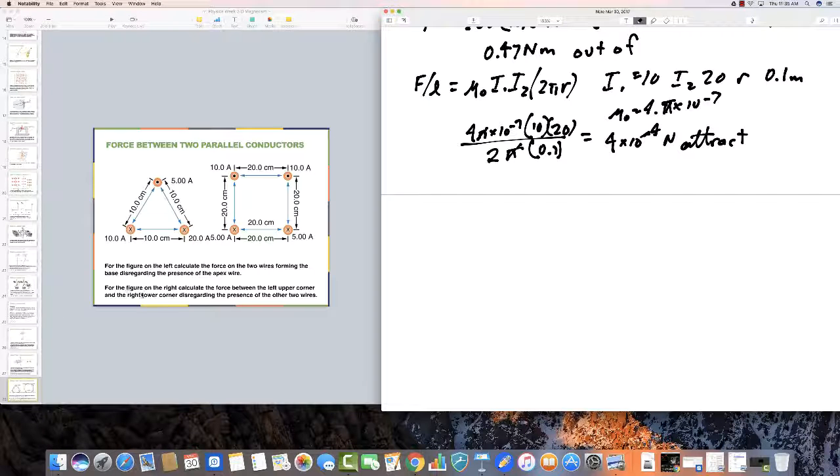The second problem says if you look at this figure on the right, and it wants to know the force between this lower corner, the left upper corner and the right lower corner, disregarding these other two. And so the force on this one per length, again, is mu 0 I1 I2 over 2 pi r.